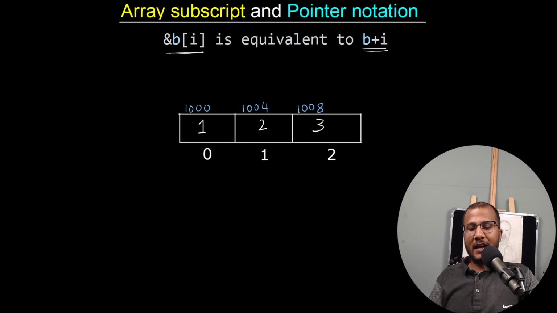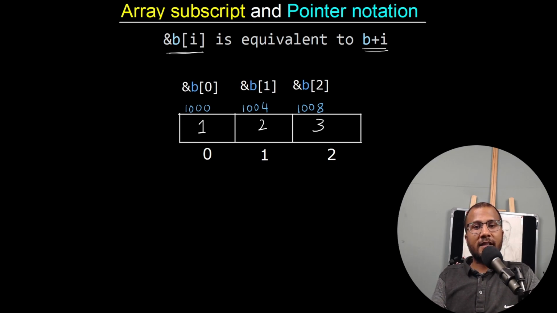We are taking the same example wherein we have an array b with 3 values 1, 2 and 3. Starting address is 1000, the address of the second element is 1004, and the address of the last element is 1008. We already know that ampersand will give you the address of the variable. So if I write &b[0], I'll get 1000. Similarly, &b[1] gives 1004, and &b[2] would give you 1008, right?